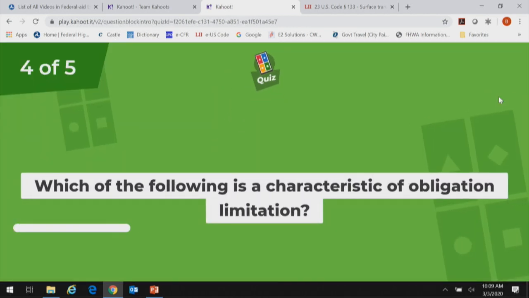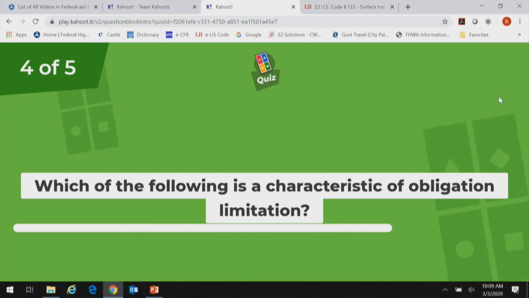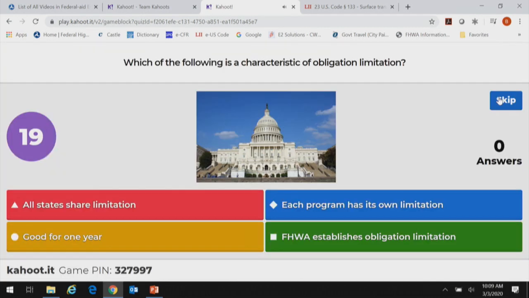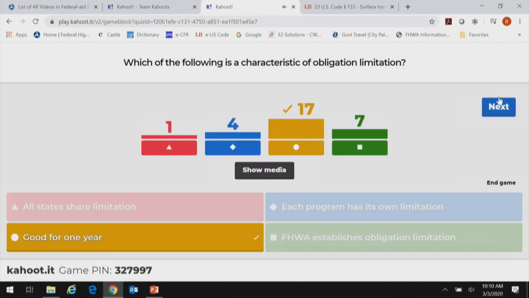Okay, number 4, which of the following is a characteristic of obligation limitation? Yeah, most everybody got it right. Good for 1 year. So all states share limitation?